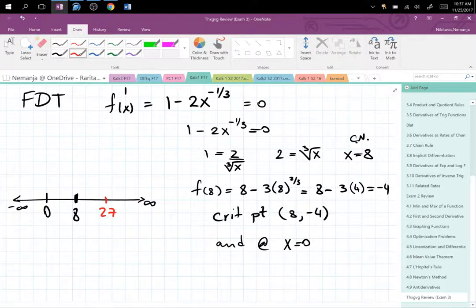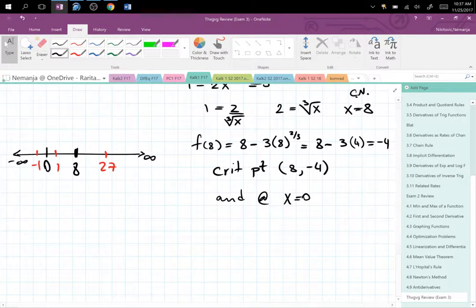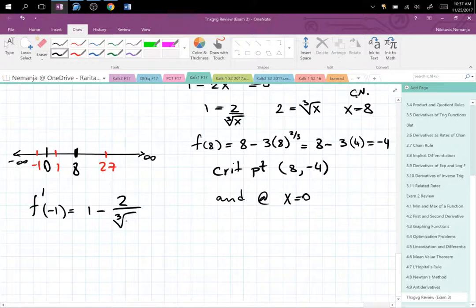So I have to pick other values, and I will pick 1 and negative 1. Easy values to take cube root. All right, now let's go. The first derivative at negative 1 is 1 minus 2 over the cube root of negative 1. Well, cube root of negative 1 is negative 1, which makes this positive 2, so we get 3.